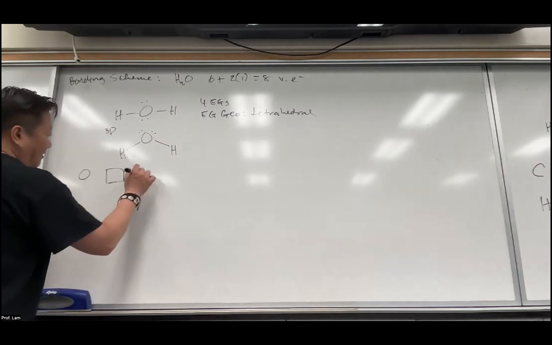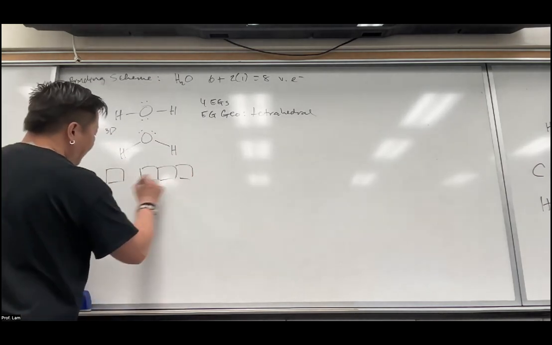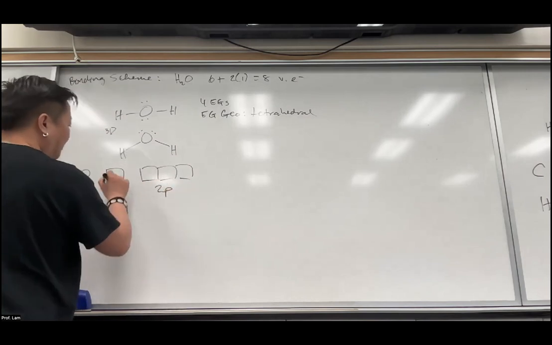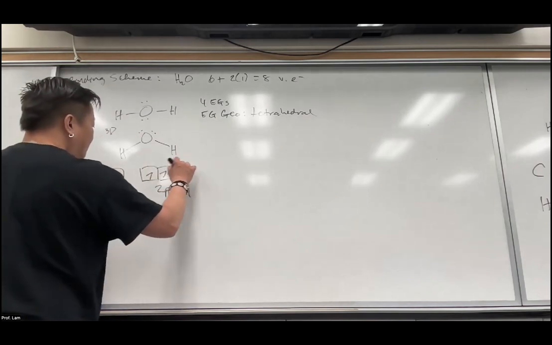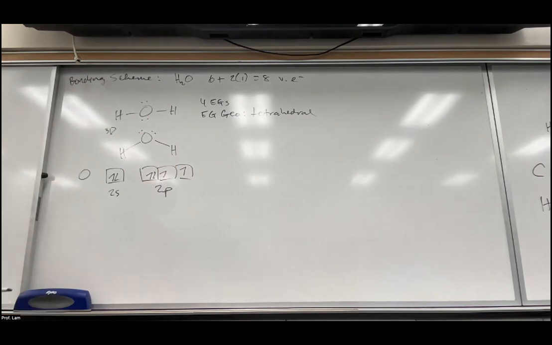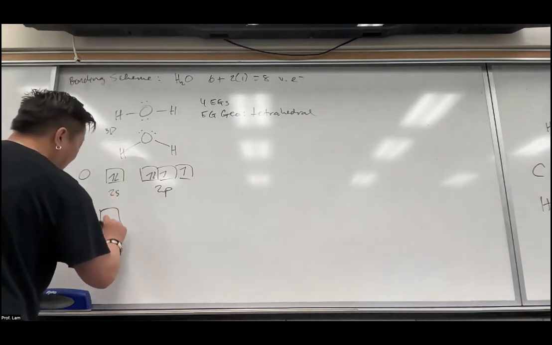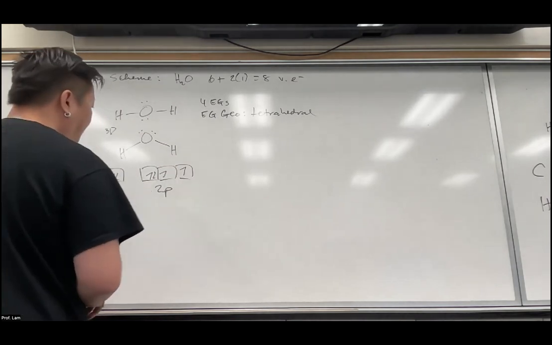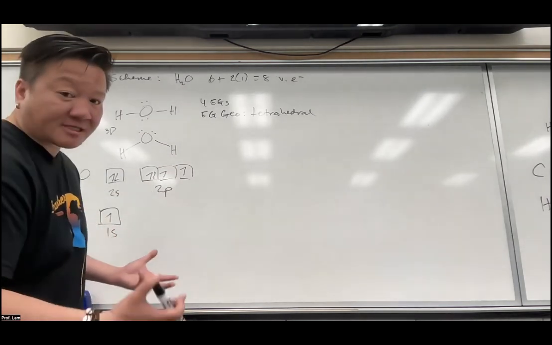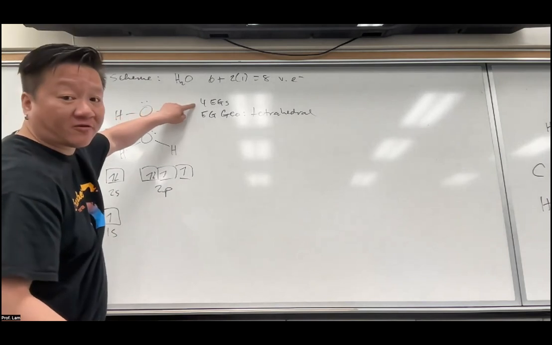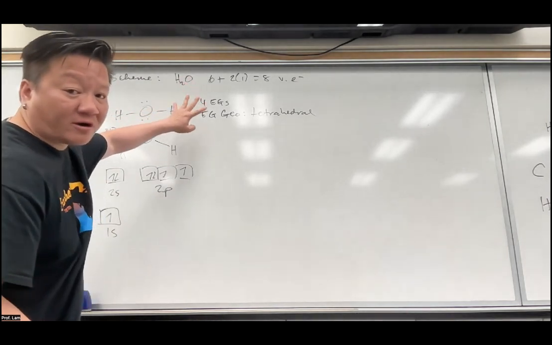Then we do the orbital diagram of oxygen, 2s2, 2p4. Then hydrogen, of course, is just 1s1. Okay. Then we do the hybridization, the mixing. Remember, it's always off of electron groups. That's 4 electron groups.